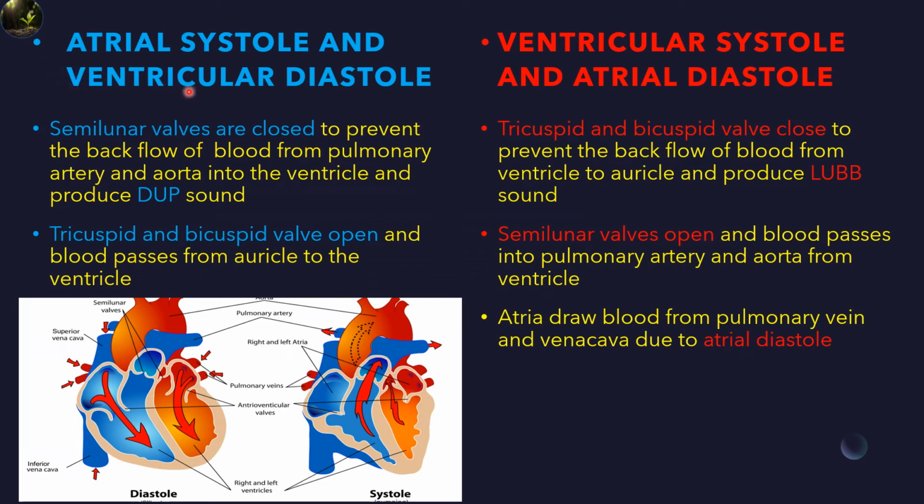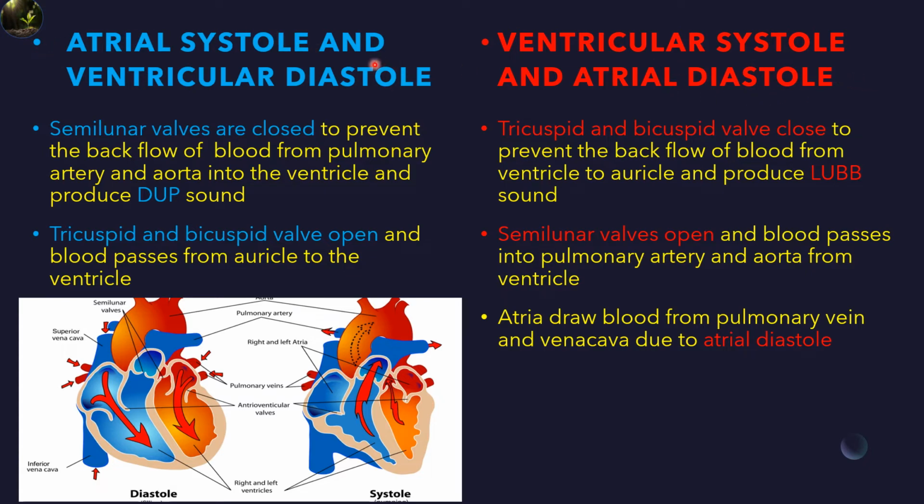We are discussing the working of the heart, how it is happening. All of you know that in the heartbeat there are two main phases: atrial systole and ventricular diastole, and the other phase, ventricular systole and atrial diastole.